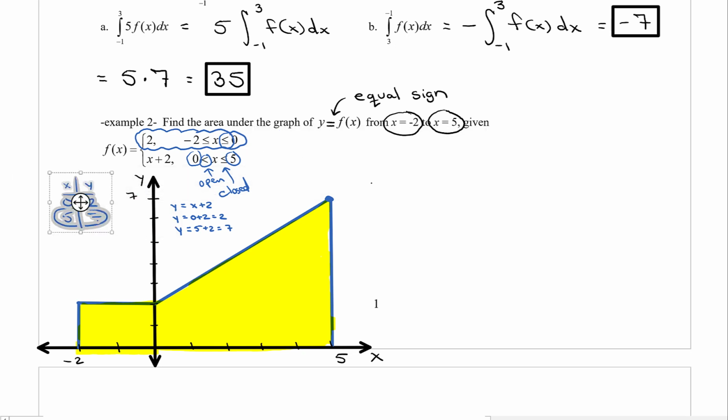So now I'm going to write my definite integral, the integral from -2 to 5 of f of x dx. Well, I'm going to have to split this up into two separate integrals.